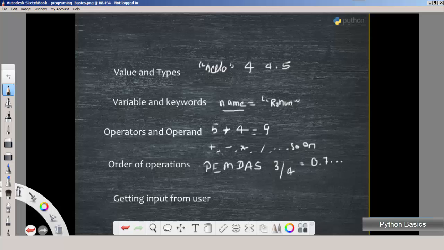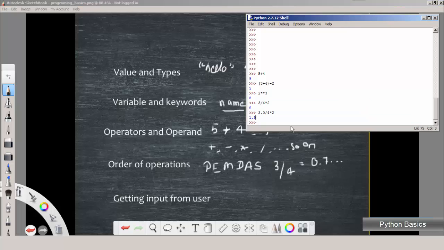If you are not writing any floating value, this is an integer, the divisor is also an integer, and the dividend is also an integer. So for that you have to write: from __future__ import division.